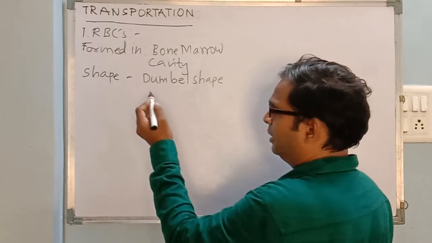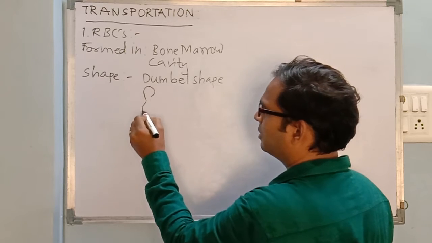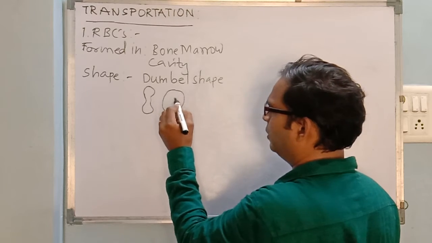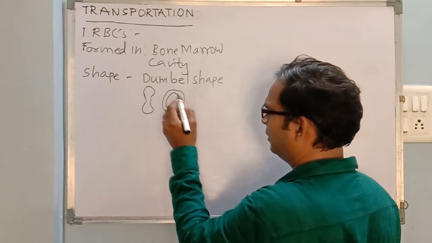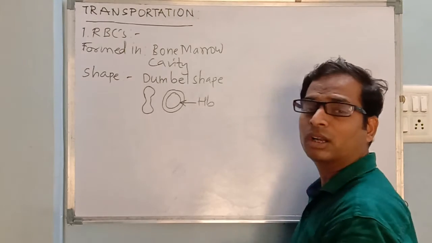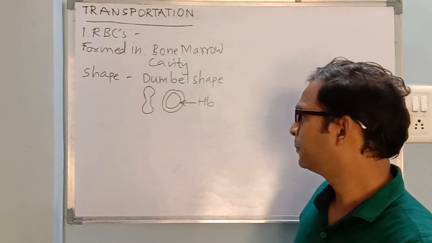If you see the shape, it will look like this, dumbbell shape. In front view it will look oval or elliptical, and it has got something inside responsible for transport of gases, the pigment hemoglobin.